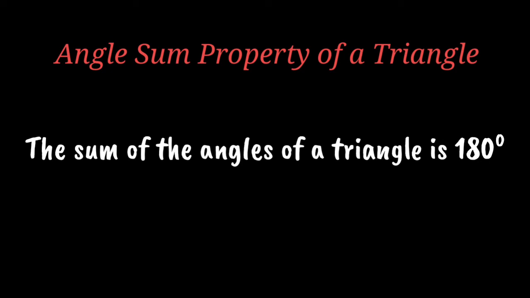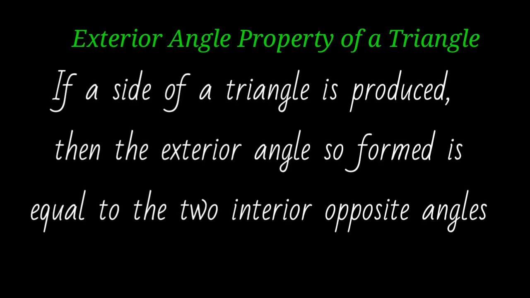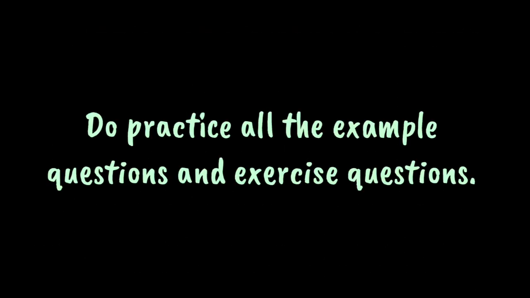The sum of the angles of a triangle is 180 degrees. Then the exterior angle property. You should study the proofs of these two properties. There are so many important problems in the textbook as examples and as exercise questions. You have to write and study all these questions.